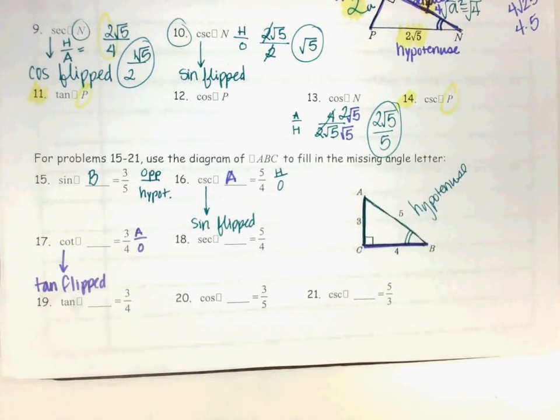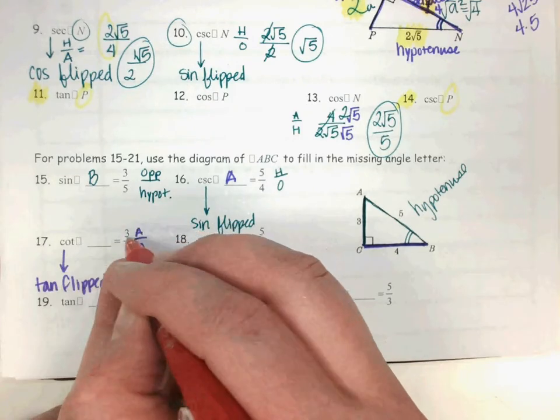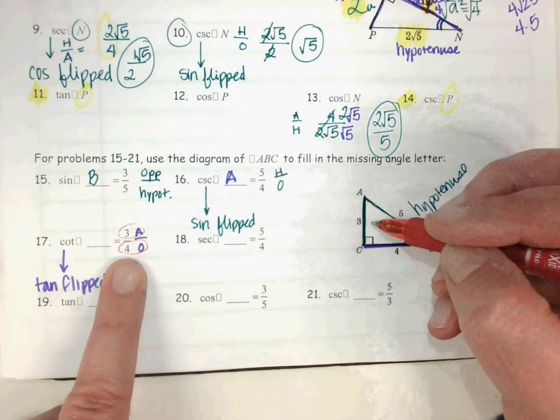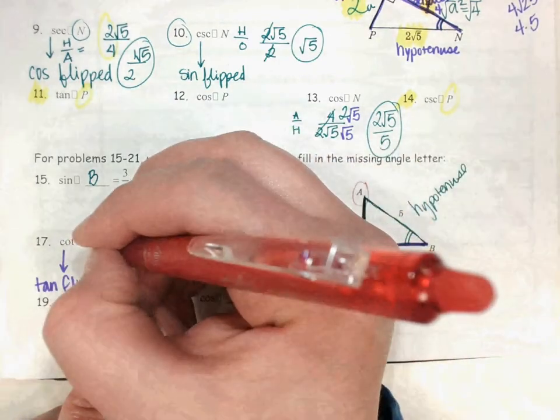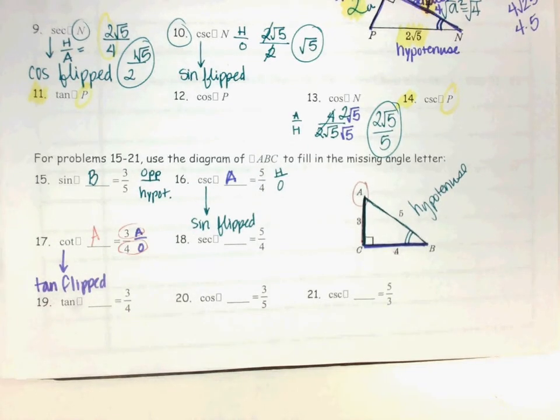So if I want 3 to be adjacent and 4 to be opposite, which angle is touching 3 and opposite 4? Touching 3 and opposite 4 means A. Make sense? Okay, flip over to the back side.